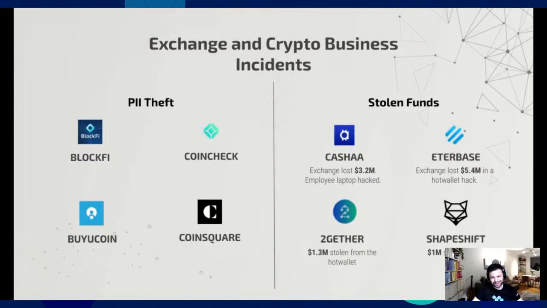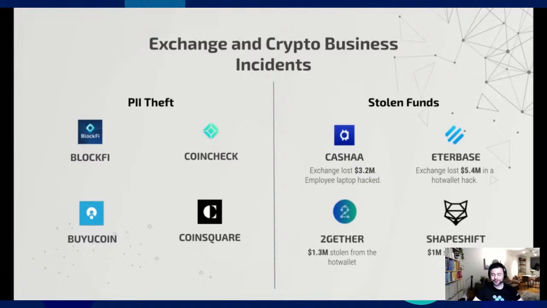So we're talking about $1 million to maybe up to 5.4 in Etherbase. And then we have a variety of insider threats. So we have Kasha Exchange, where an employee laptop was not secured correctly. So we'll discuss that more in the threat actor description. Shapeshift had $1 million stolen as an insider threat.